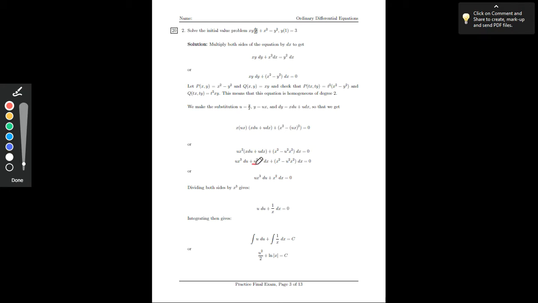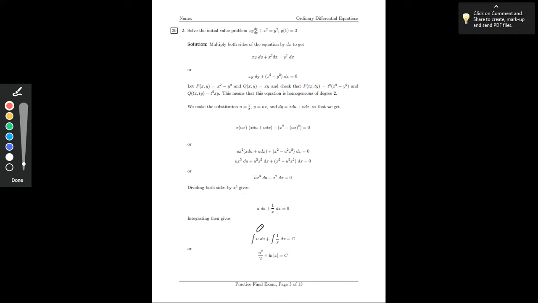The terms u squared x squared dx and minus u squared x squared dx are additive inverses of each other. They cancel. What we're left with is u x cubed du and x squared dx. Now we divide both sides by x cubed. We get u du plus 1 over x dx is 0.